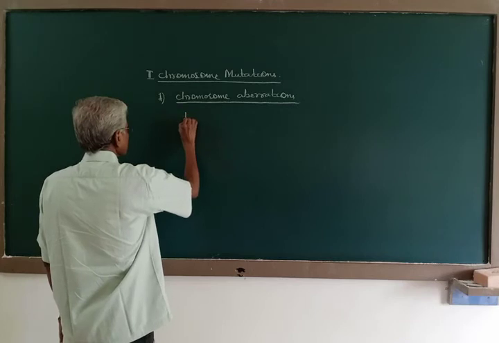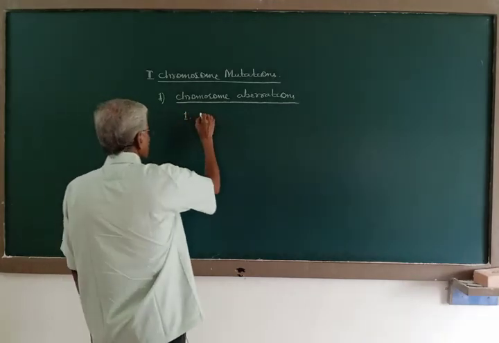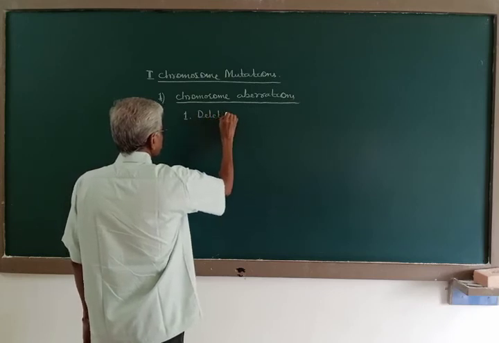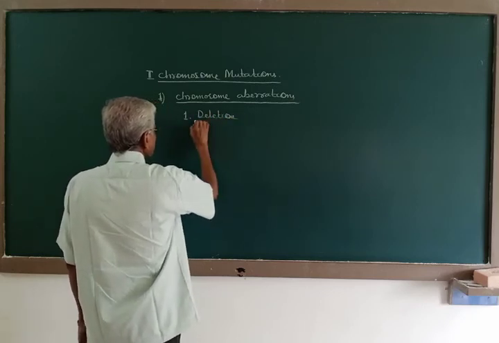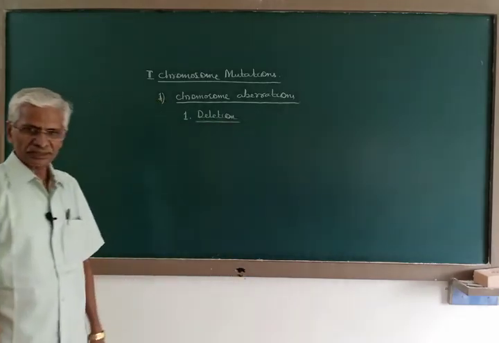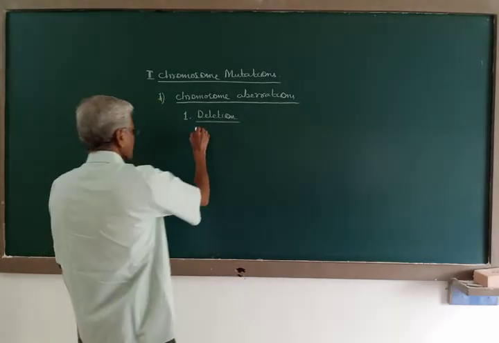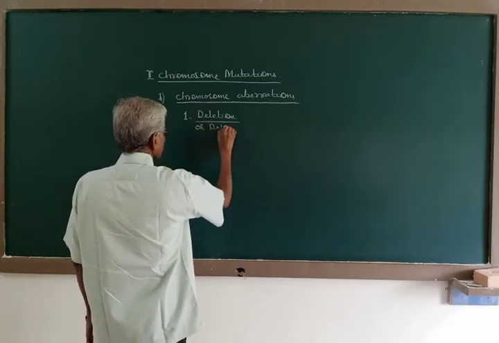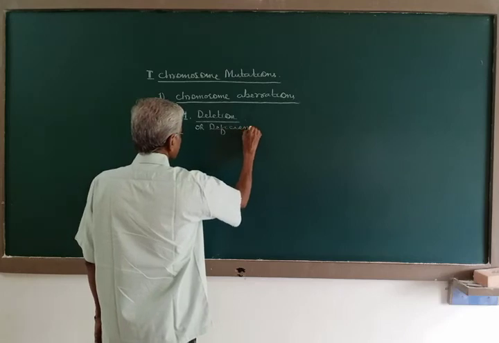One, deletion. So, one type of chromosome aberration is deletion. I said deletion is also called deficiency.